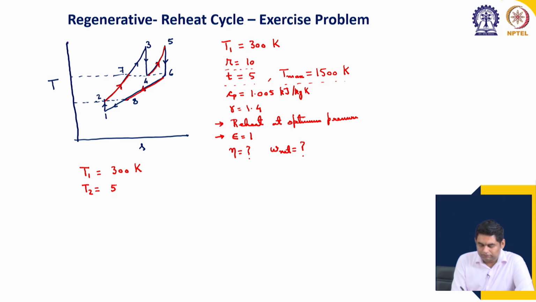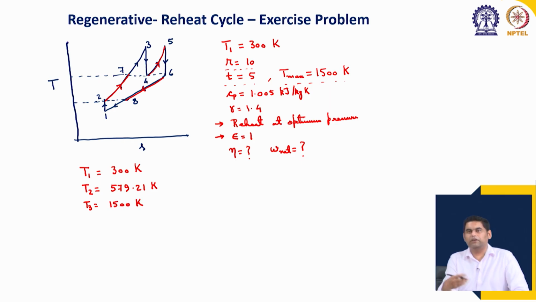So, I am directly writing down, you can try to calculate again for practice: 579.21 Kelvin. T 3 is known to us. So, I am writing down all the temperatures at each state following our methodology of going step by step instead of trying to use the derived expressions.